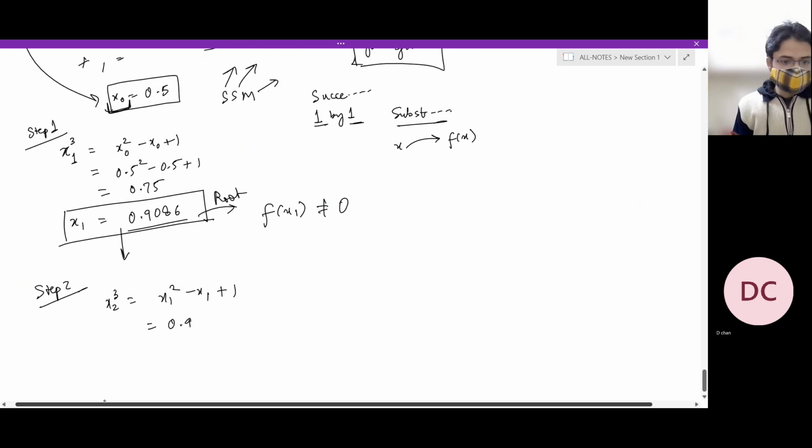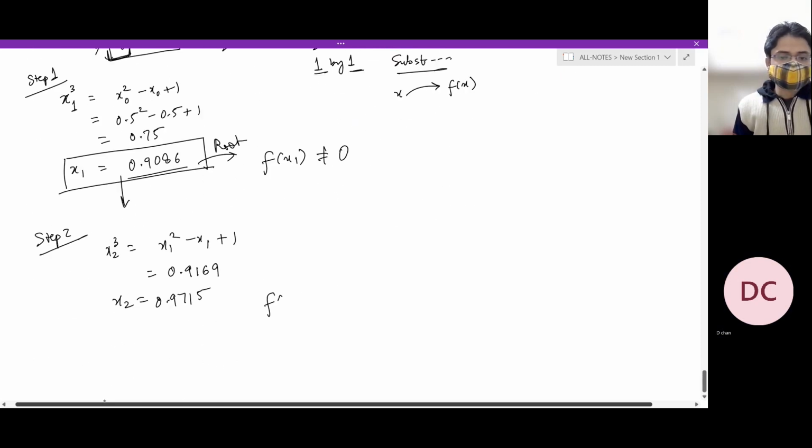This becomes something like 0.9169. And then x2 becomes 0.9715.